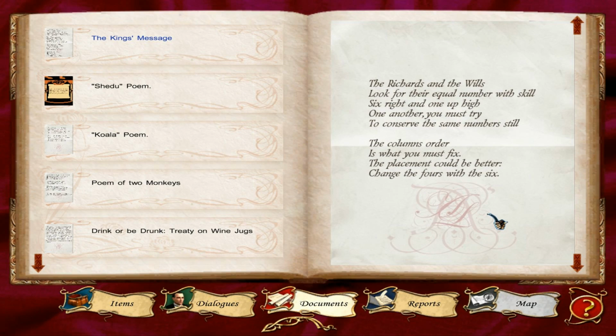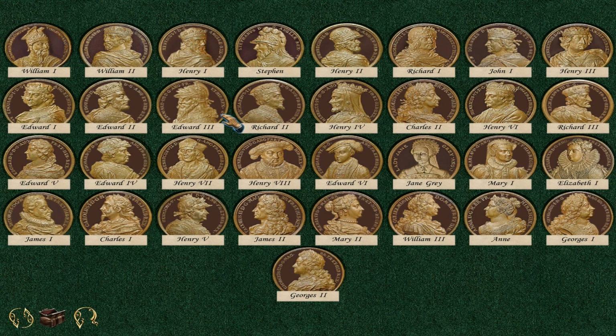I'm confused. Look for equal numbers with skill. 6 right and 1 up high. One another you must try to conserve the same numbers still. Right, Richard the First. 1, 2, 3, 4, 5, 6 up high. 2, 3, 4, 5, 6.